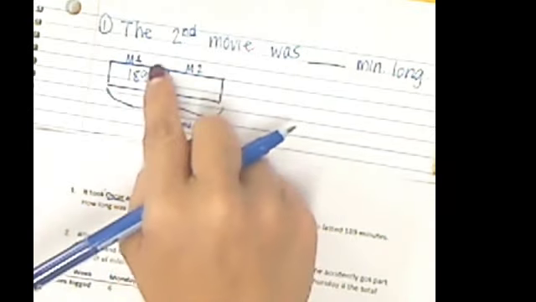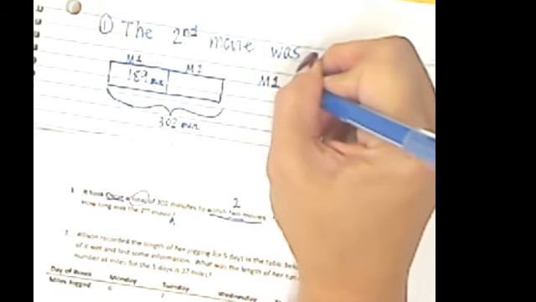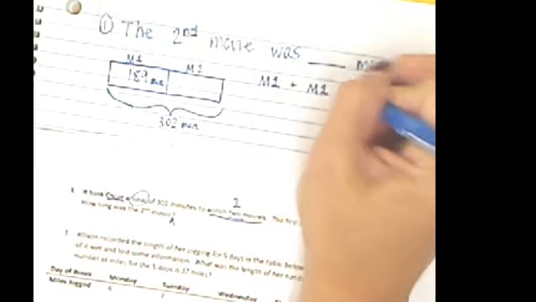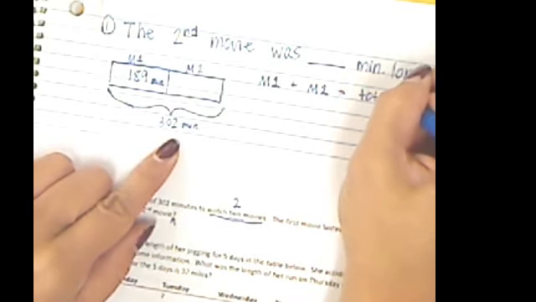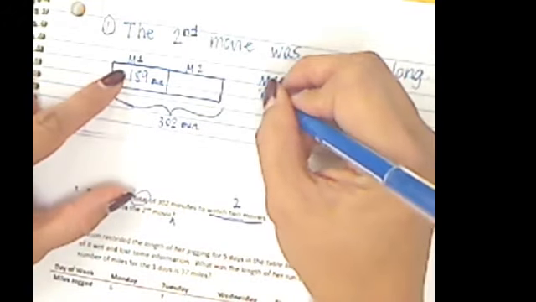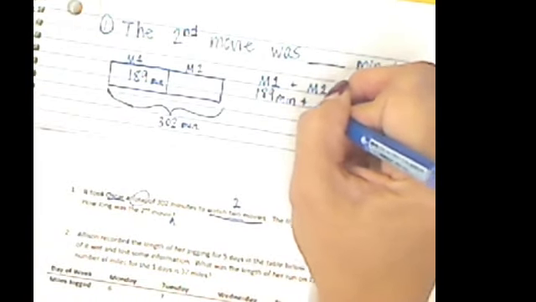So let's write that. We know that the length of movie 1 plus the length of movie 2 is going to give you the total. And we already know two of those pieces. We know that movie 1 was 189 minutes. We don't know movie 2, so we still have to leave that blank.